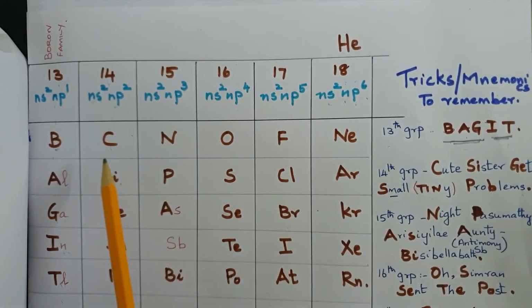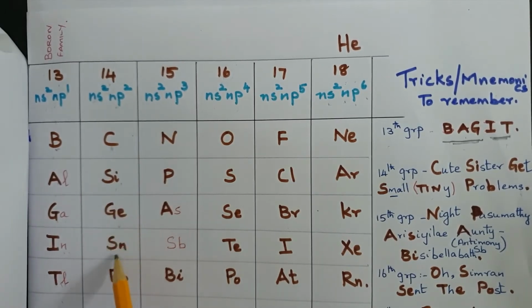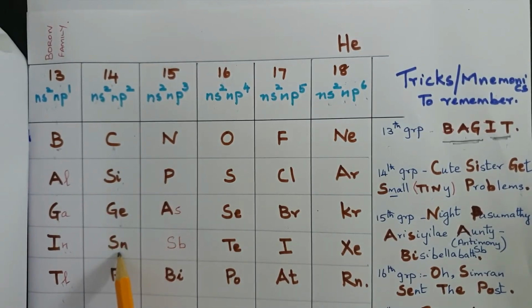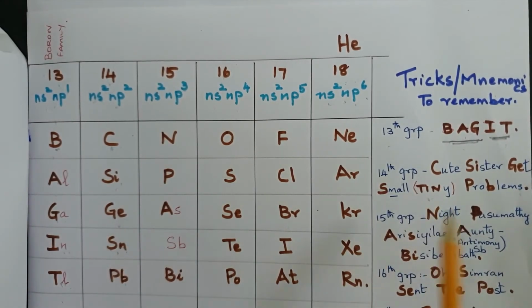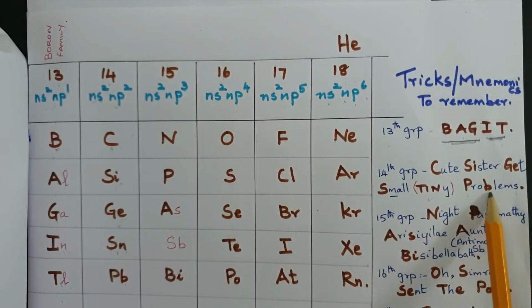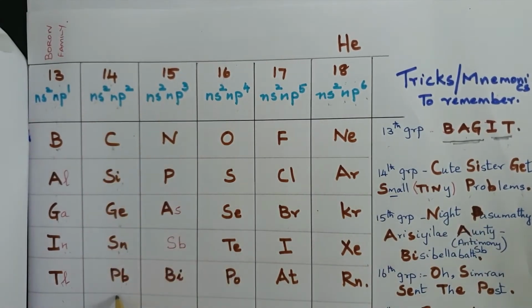The way you remember: cute, C, carbon; sisters, Si; get, Ge; tiny, Sn stands for tin. Instead of small, Sm, you can write Sn. Sn is nothing but tin, and that's why you write it as tiny here to remember it. Problems, you have to remember Pb, which is lead. So this is how you remember the 14th group.